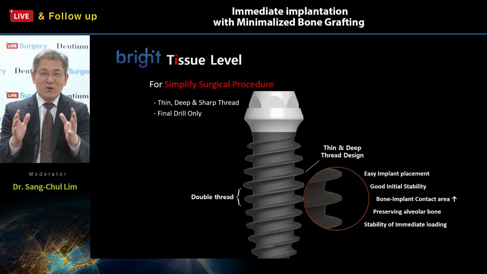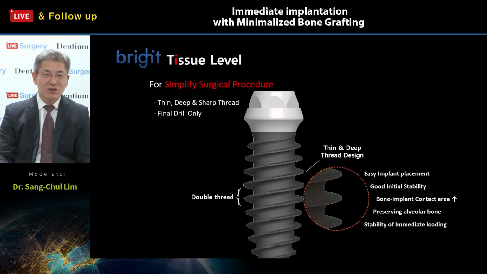First, we can preserve the crestal cortical area, right? It means we don't need to use the crestal drill, the countersink drill, for the osteotomy for the implantation. The Bright tissue level implant doesn't need a countersink for the crestal area. It means we can perfectly preserve the top portion of the alveolar socket, so the crestal area is more stable and more preservable.